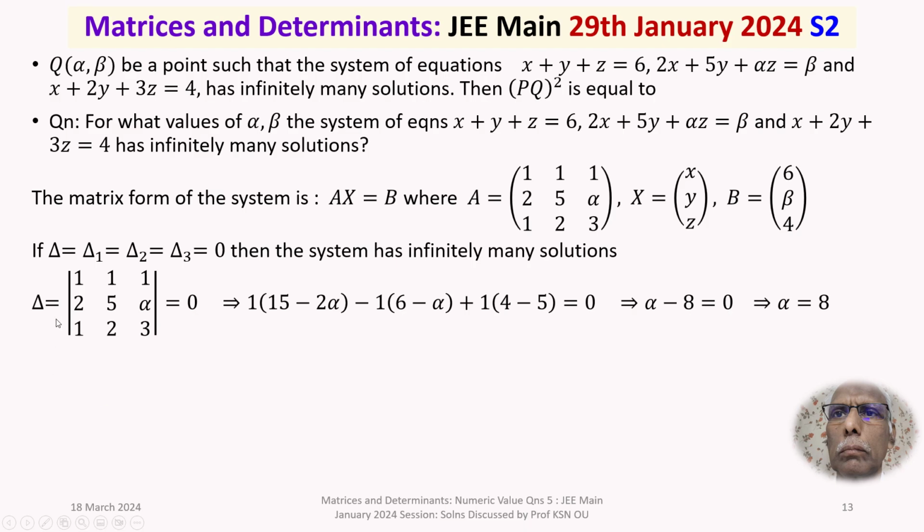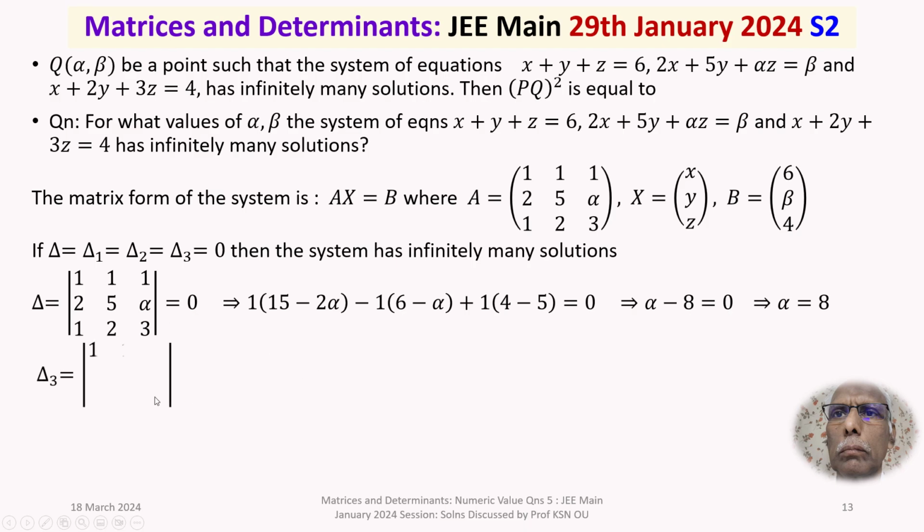Look at this delta. What will be convenient for you to get the value of beta? If I replace 1, alpha, 3 by B, that is 6, beta, 4, that means if you consider delta 3 and expand it, you will get the value of beta.